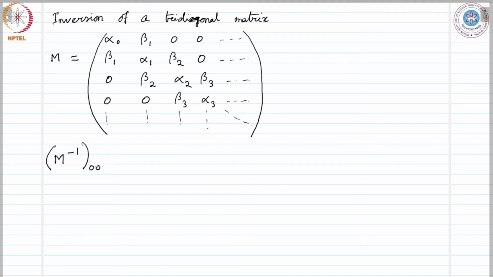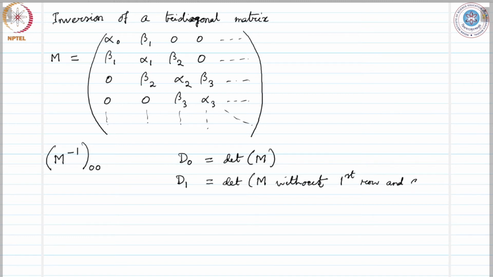If we consider how to find this element, then we can indicate the determinant of the matrix M with D naught, and then we write D1 as the determinant suppressing the first row and column. Similarly, we can calculate D2, D3 and so on.